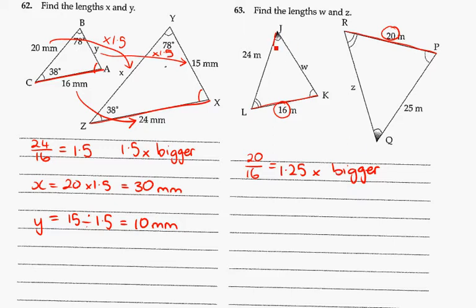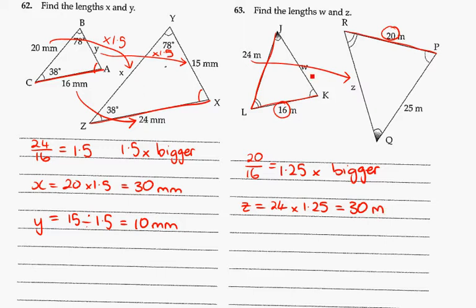So taking this side, which is between the double angle and the shaded, the 24 must correspond to this side, being the side between the double angle and the shaded, that's z. So z will equal 24 times 1 1/4. Quarter of 24 is 6, add that on, 30, and we're in metres this time.